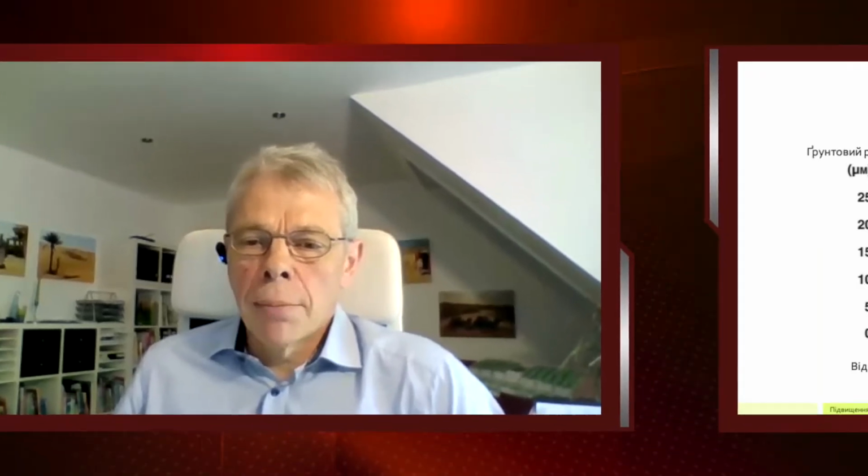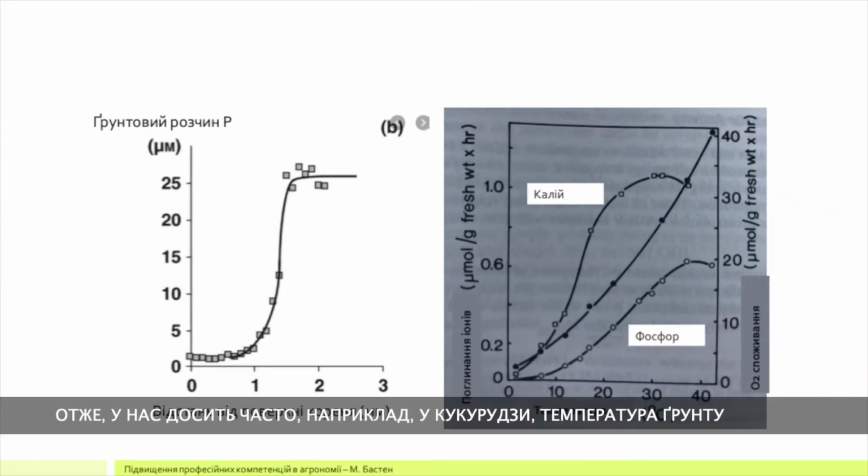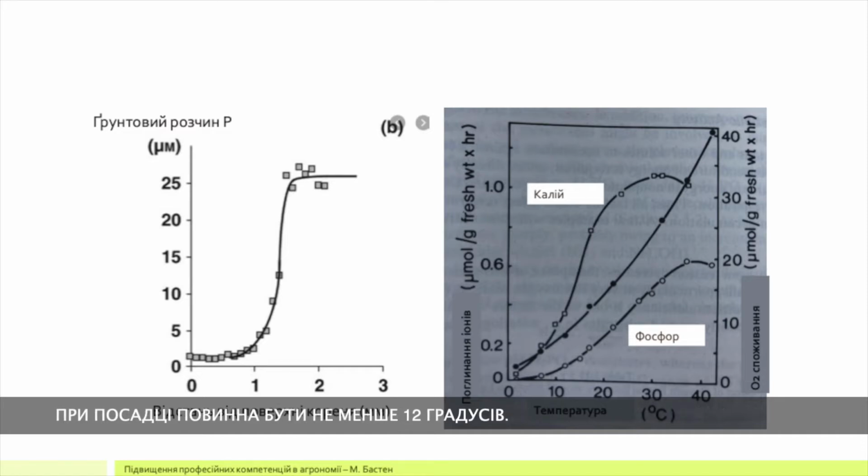It's not only the distance from the root; phosphorus uptake is also more temperature sensitive compared to other nutrients. On the graph on the right side, you see the uptake per unit of fresh weight of iron, potassium, and phosphorus, shown in dependence of the temperature. In corn, for instance, the soil temperature at planting should be at least 12 degrees centigrade.